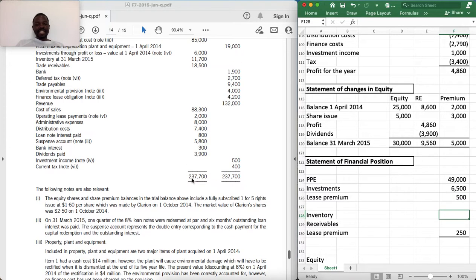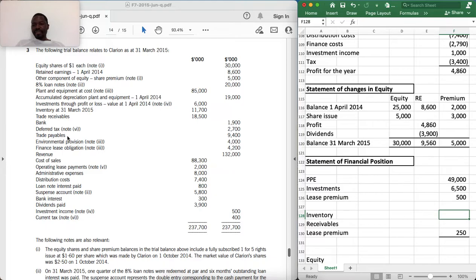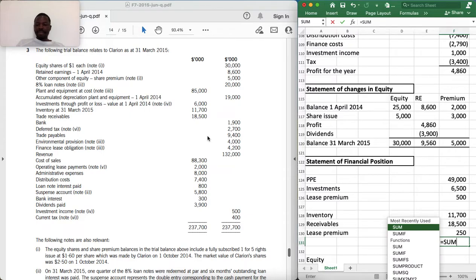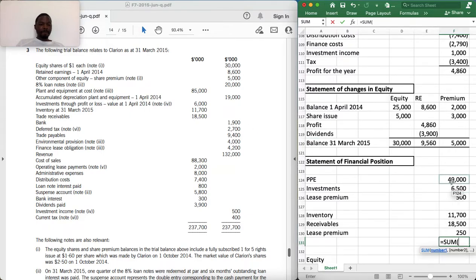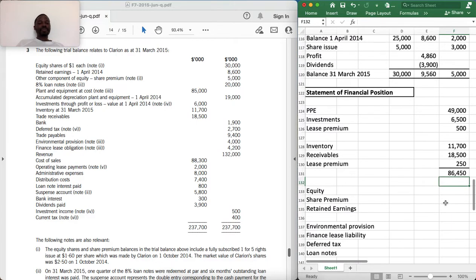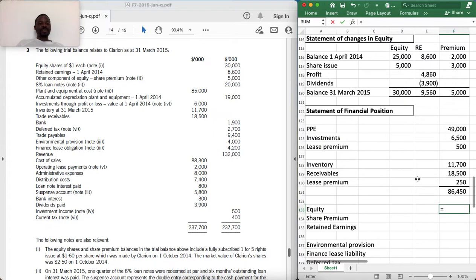Then the inventory and receivables, we take them straight from our trial balance. Then we sum up everything. We get that value.